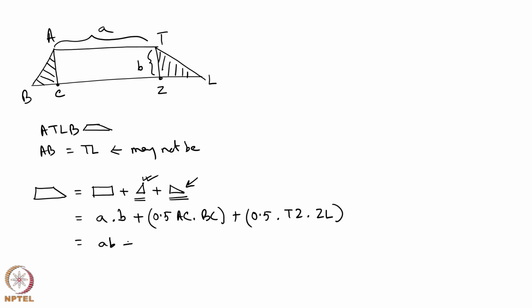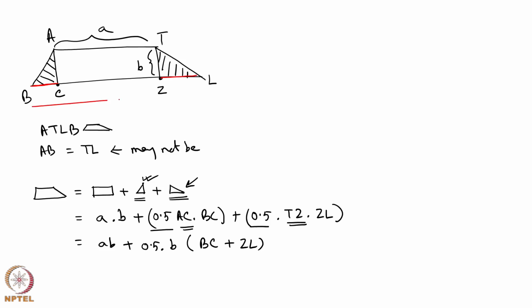The total is equal to ab plus, I can take 0.5 common, and AC is the same as TZ, so 0.5 multiplied by AC or TZ, which is b, and then what remains inside the bracket is BC plus ZL, BC length and ZL length added up.